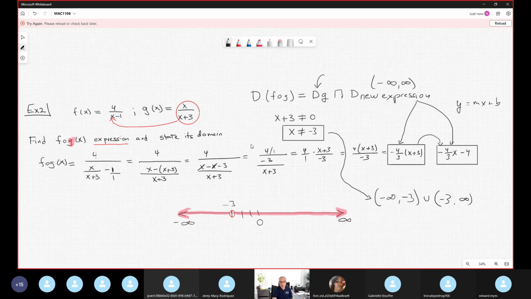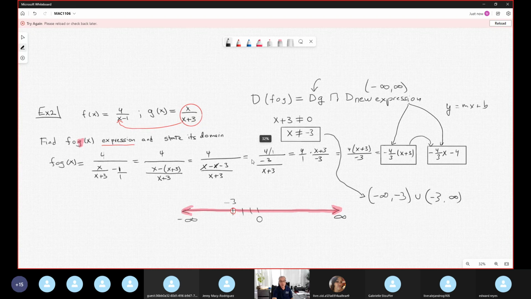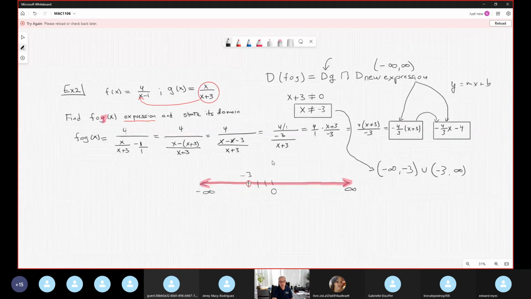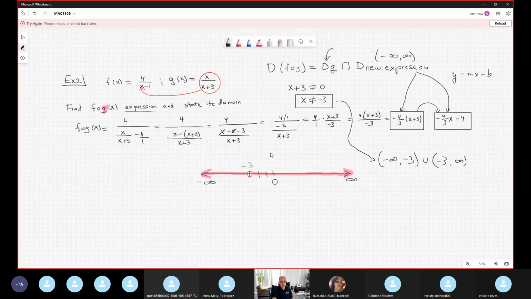Yes. Let's do it now in a different order because I want to discuss everything. Suppose inside example 2, I want to investigate, but you find out g composition f of x. Again, expression, boom, boom, and state the domain, boom, boom.